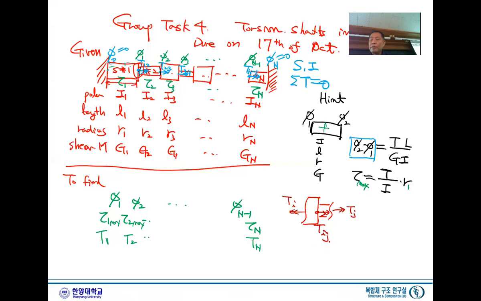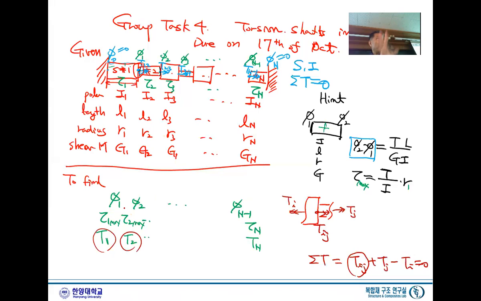We have torque equilibrium: T_ij plus T_j minus T_i equals 0. Okay, so T_ij is all given at each junction. And T_i, T_j are the unknowns you need to solve, right?